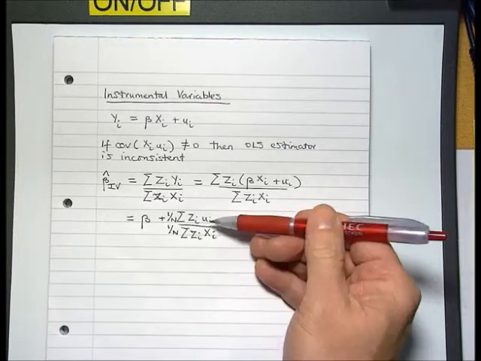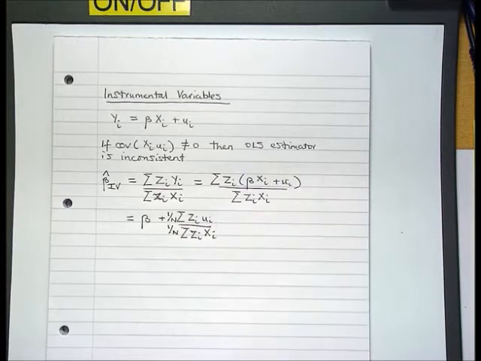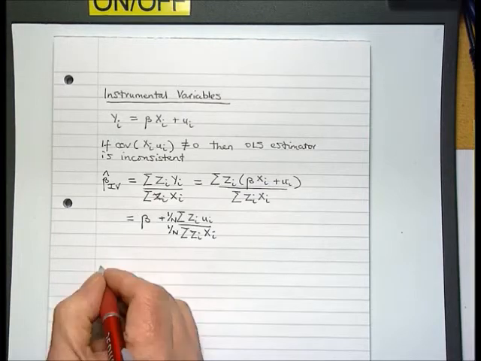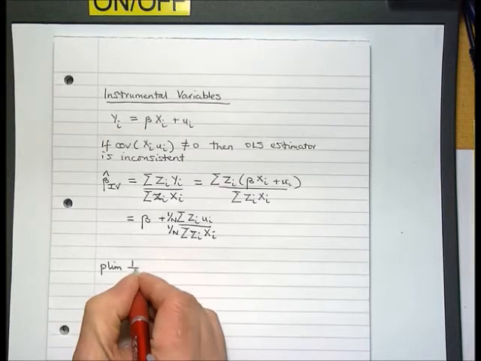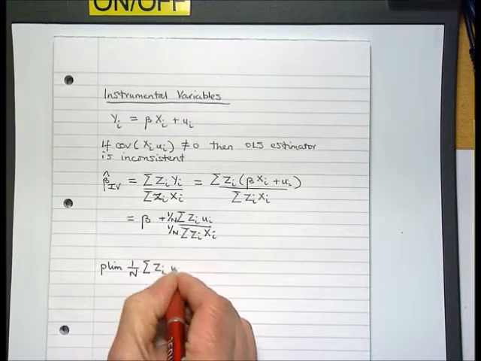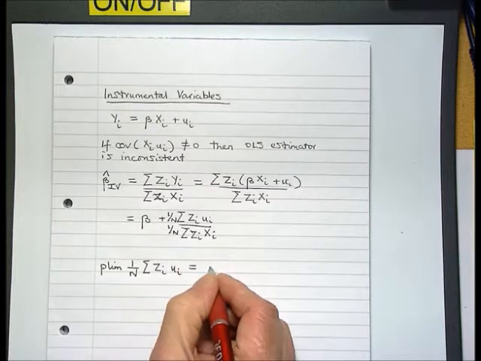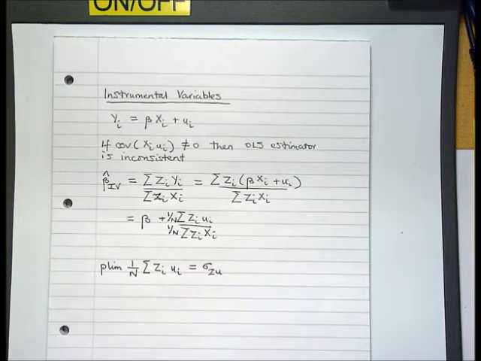And we're going to make the assumption that as the sample size gets large, 1 over n times the sum of zu will converge on the covariance of z and u. Okay? So we're going to assume that the probability limit of 1 over n times the sum of zi ui is equal to a constant which is the covariance of z and u.